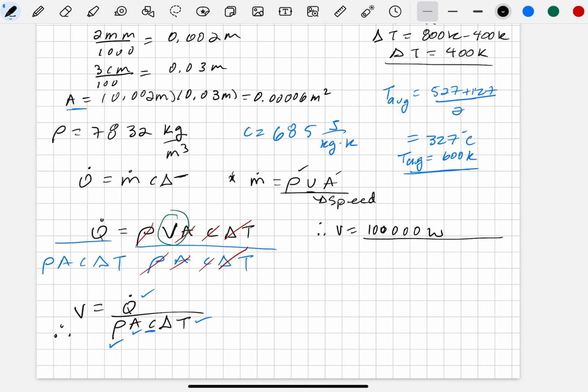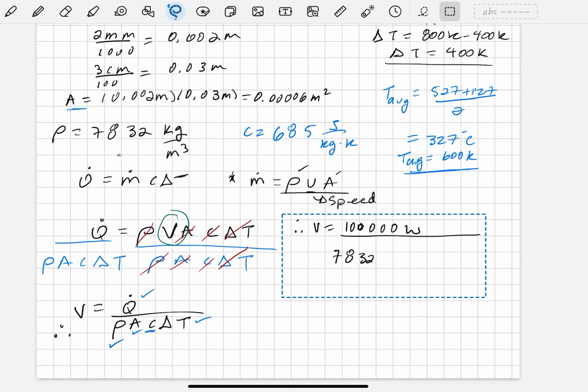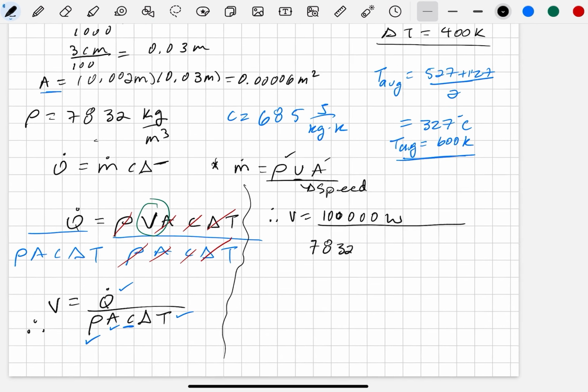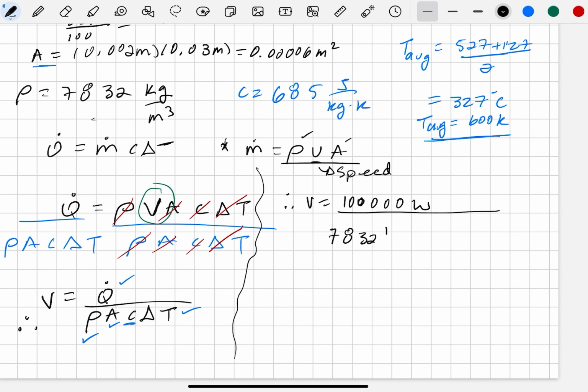Divided by the density, which we know is this one, so it's 7,832 kilograms times meters cubed.